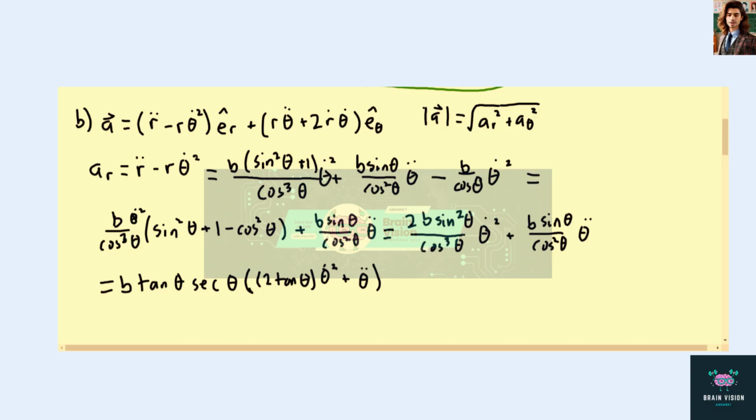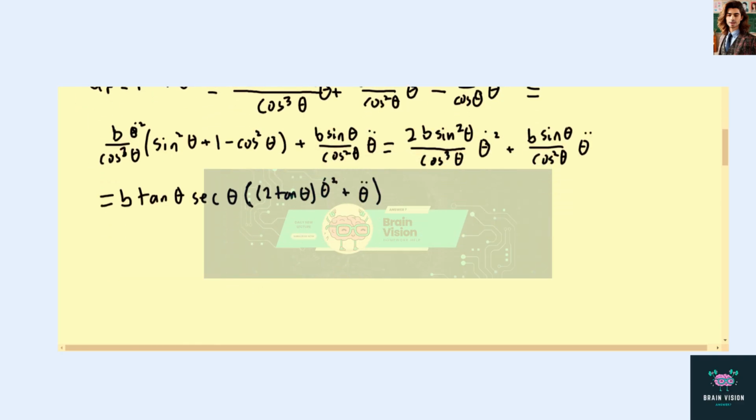Okay, so this form will be similar to the form that we'll get for a sub theta. So that will make our calculation of the magnitude of acceleration simpler.